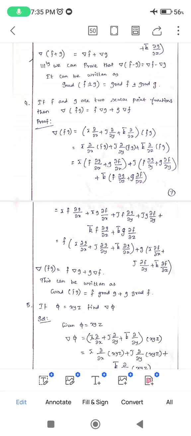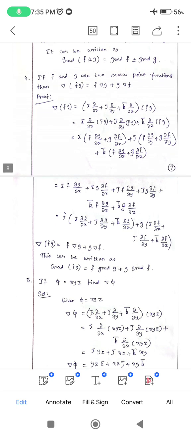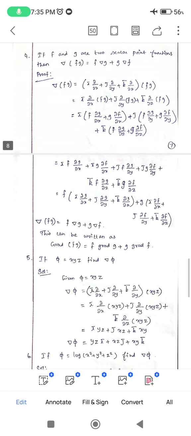So multiplying fg, we get i into dou by dou x into fg plus j into dou by dou y into fg plus k into dou by dou z into fg. So i vector into, using the uv formula, f into dou g by dou x plus g into dou f by dou x, plus j vector into f into dou g by dou y plus g into dou f by dou y, plus k vector into f into dou g by dou z plus g into dou f by dou z.